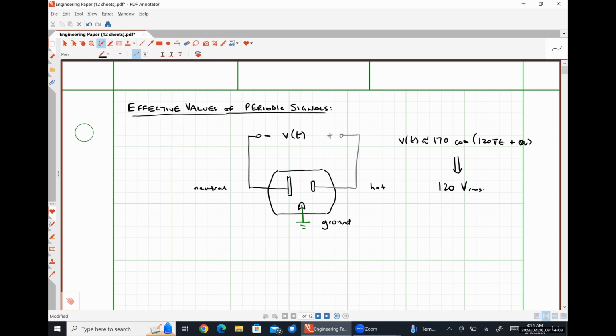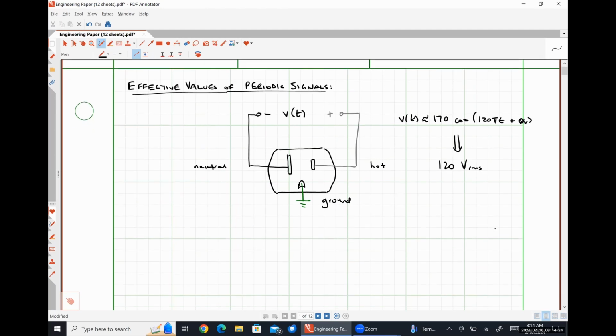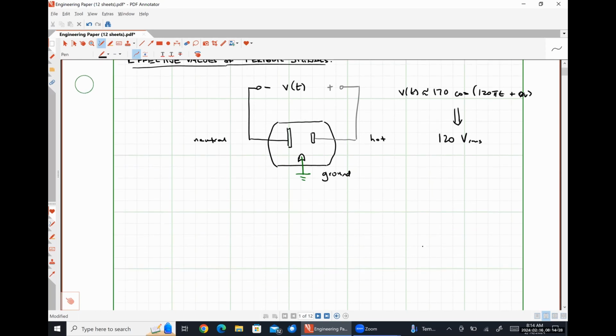We commonly call the voltage that's coming out of our receptacles 120 volts, but that's really just an electrically equivalent quantity that we use to do math because it makes things easier, right? Doing a bunch of math on that time varying voltage would be wildly annoying, so we just don't do it. So now let's talk about what an effective value actually is, okay?